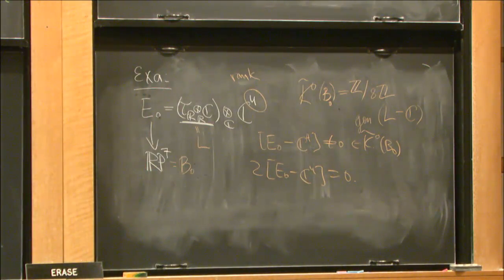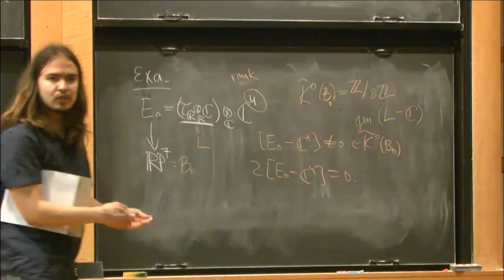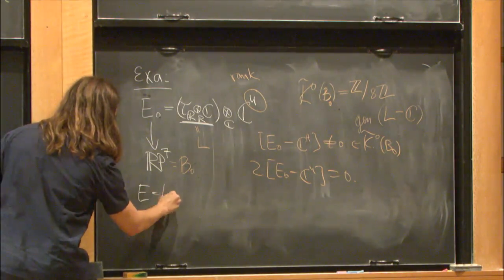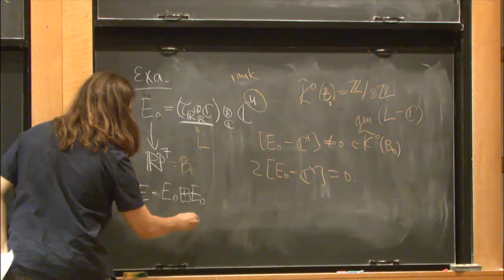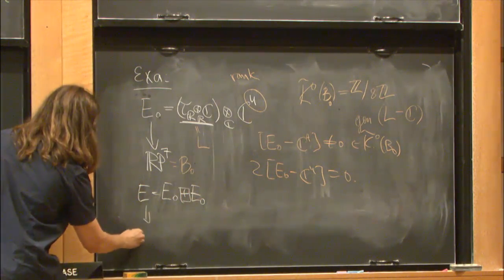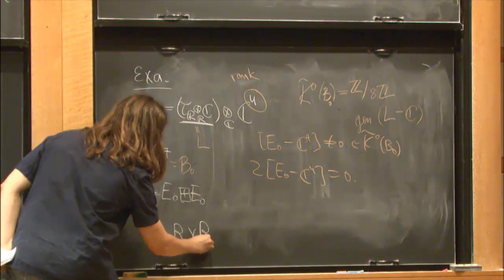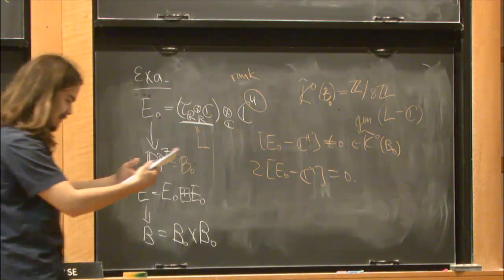And this is almost everything, but here I didn't have this line bundle thing. So then you just use a small trick. You say, let E be E0 plus E0 over B, which is B0 cross B0, and then it just works.